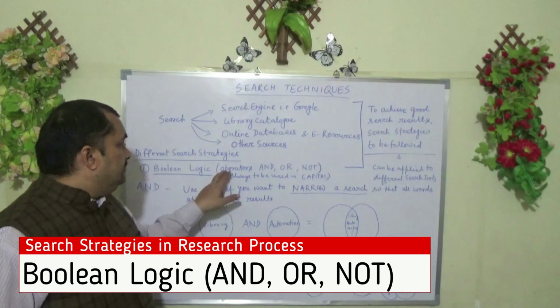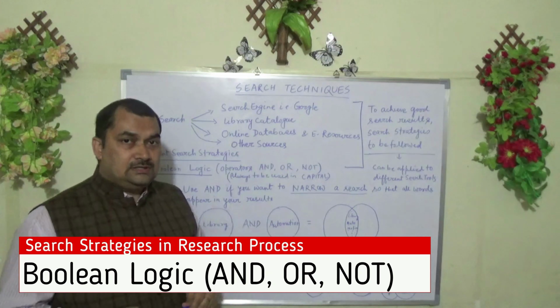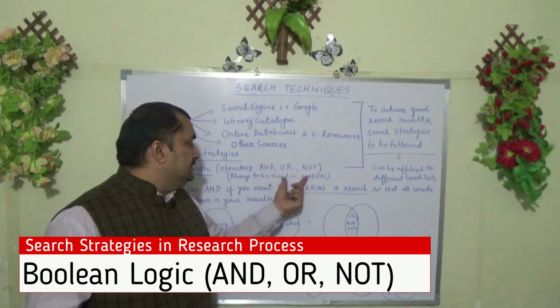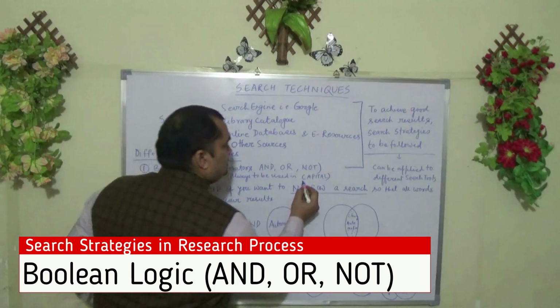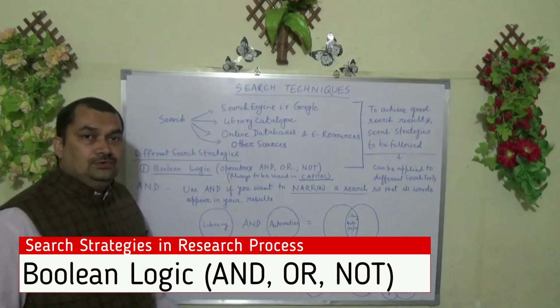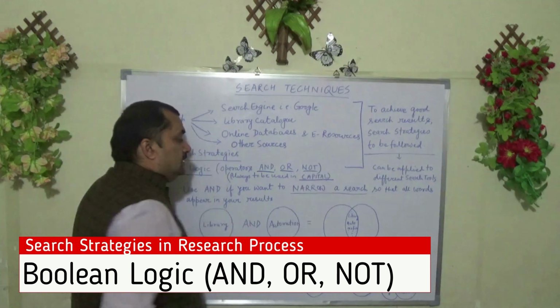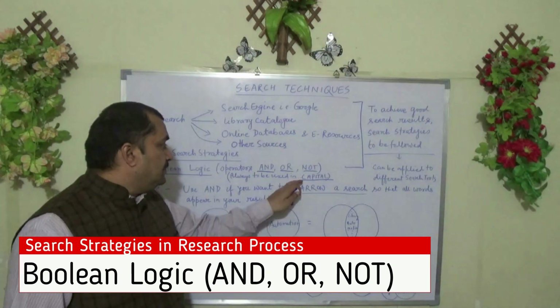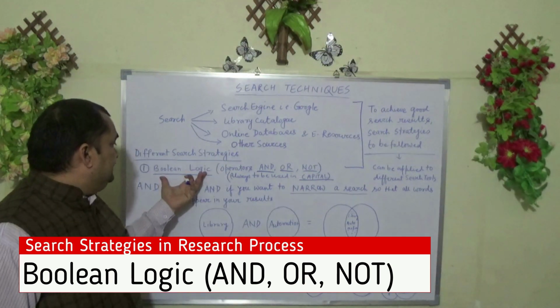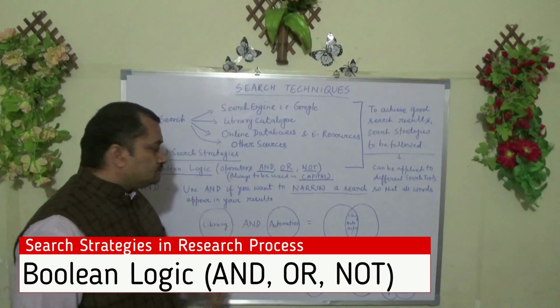And be careful that when we use these three operators, they always have to be in capital letters. If we do not use capital letters for AND, OR, NOT, we may not get the appropriate result from this search strategy.